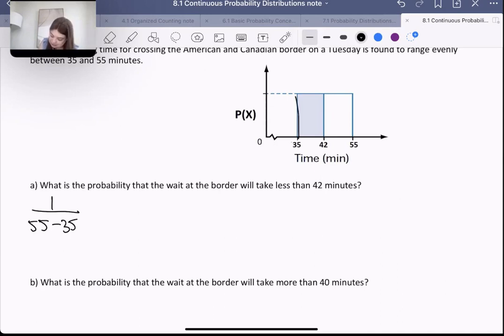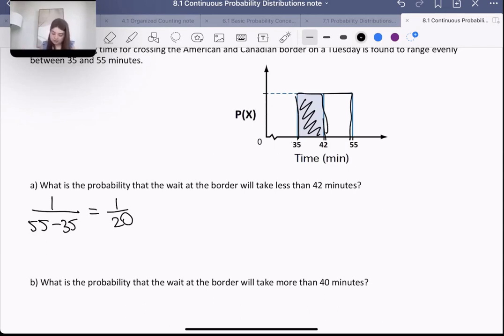Because if this is even, we need to figure out how much of the time, what area is this? How much of the time is there actually that we're spending here? And the answer is going to be 1 out of 20 for each minute. Probability of each minute is 1 out of 20.